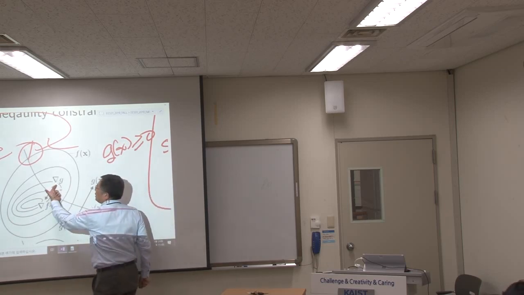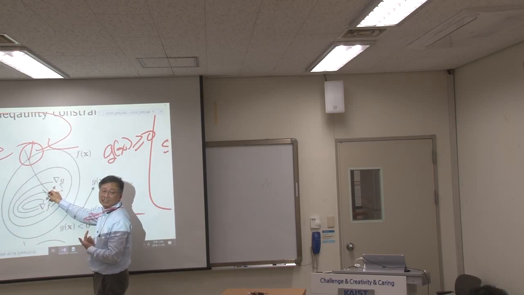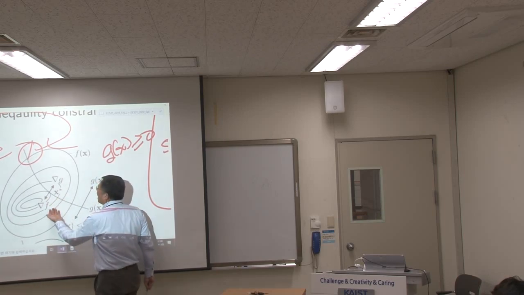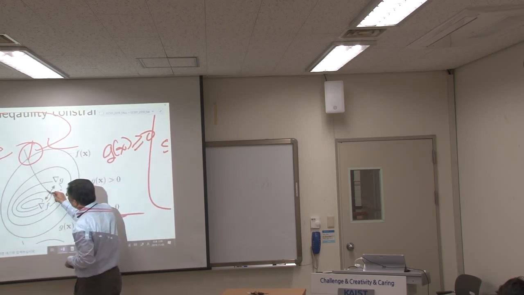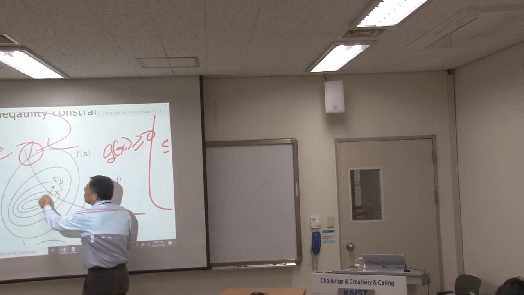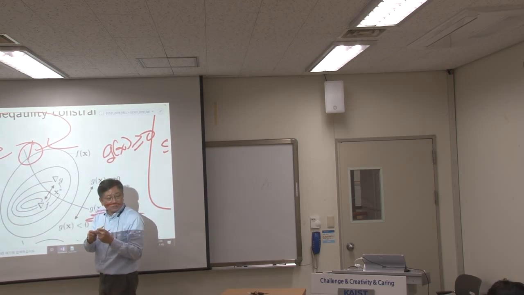That increase of g is going to be perpendicular to the direction where g(x) stays the same value. And I also proved that the gradient of f(x) has to be perpendicular to this. Why? If it's not, then I could move such that f increases. Do you understand what I'm saying?